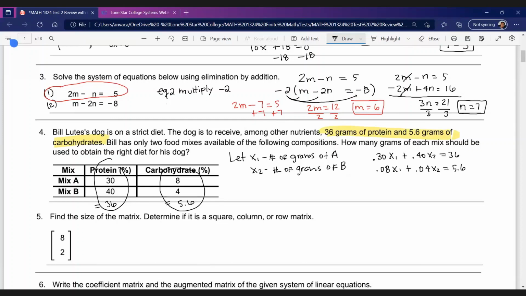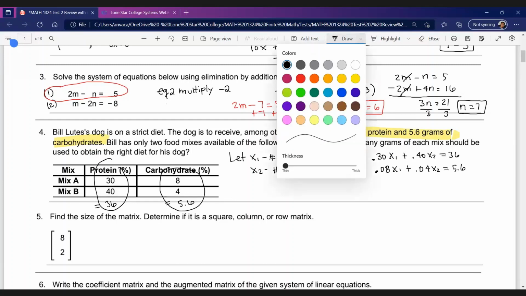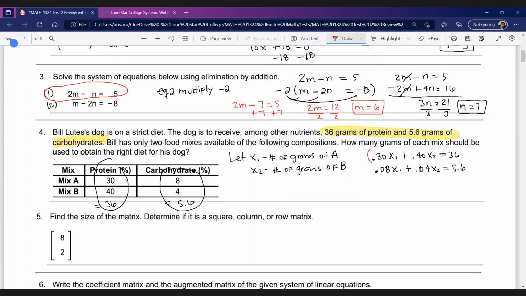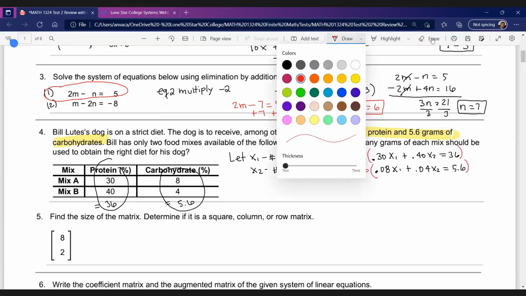In this particular case, if we don't want to use these decimals, then we can get rid of them by multiplying both equations by 100. This is just an option here. Let's see what that looks like.